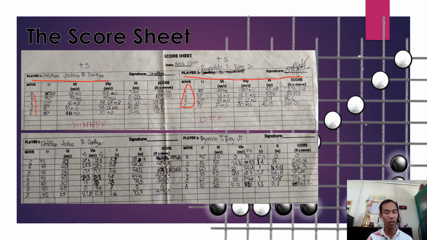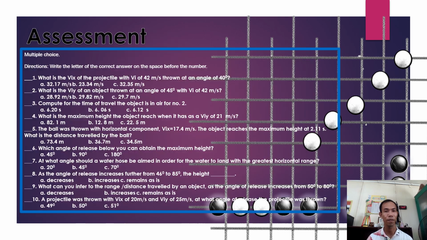Next, we have the same persons, student 1 and student 2. This is for the range. With our assessment, this is multiple choice, and they are just going to write the letter of the correct answer. However, this assessment underwent a reliability test, and it came out that it is a reliable one.